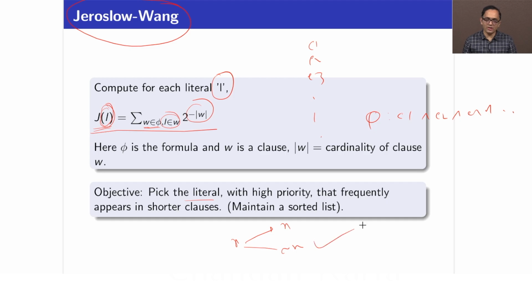If not x has the highest JL value, it will assume x equal to false, and if x has the highest value, then it will assume x equal to true. So, this calculation is done for each literal, and when I have to pick a variable, I will pick the literal which has the highest value, and based on whether it is x or not x, I will assign the value true or false.